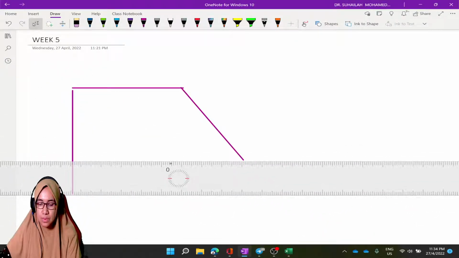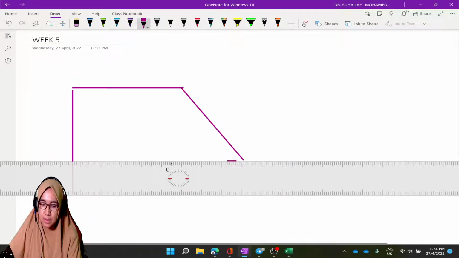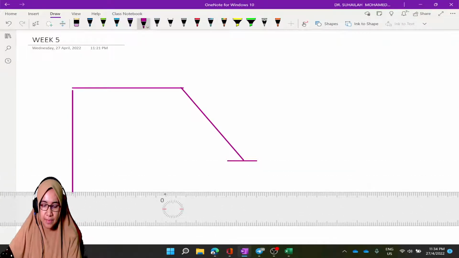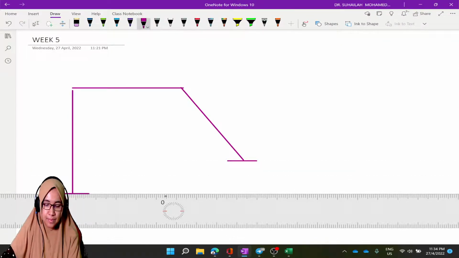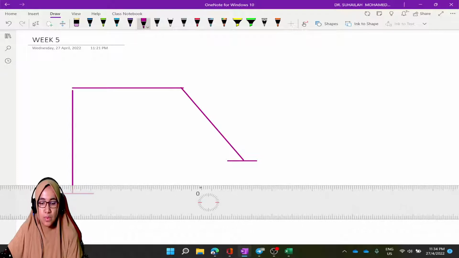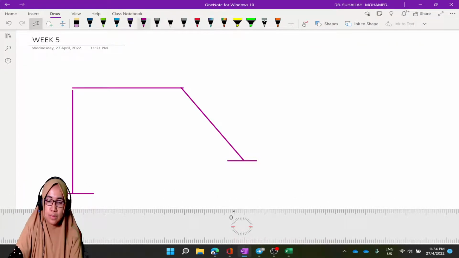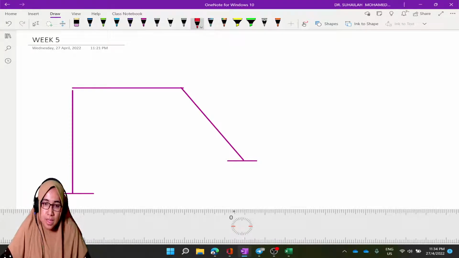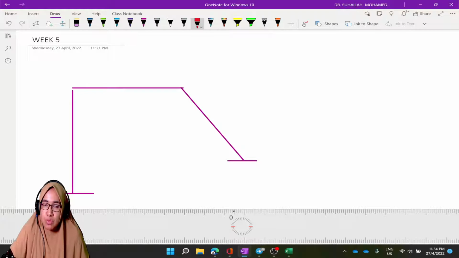Here is fixed, and this frame is a Sidesway frame due to the geometry.